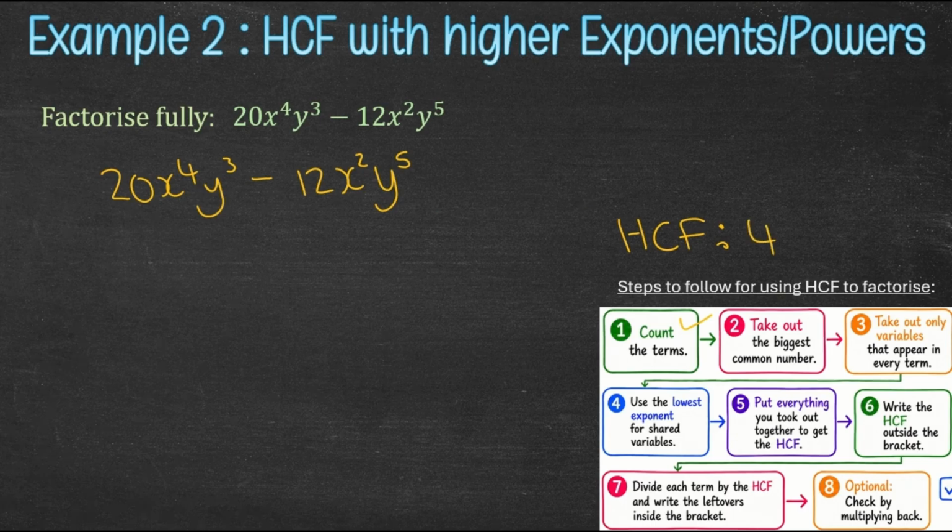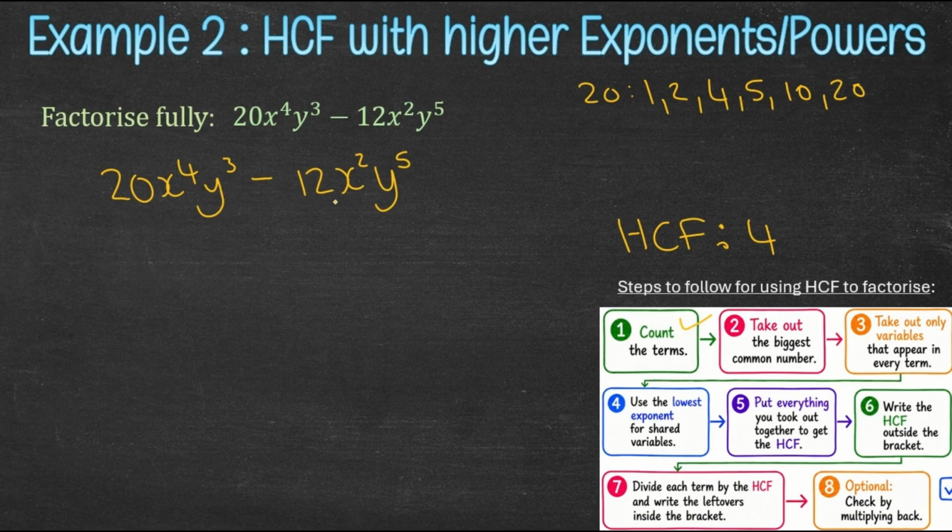But if you don't know how to work it out, the best way is to find the factors of the coefficients. So for 20, the factors are 1, 2, 4, 5, 10, and 20.